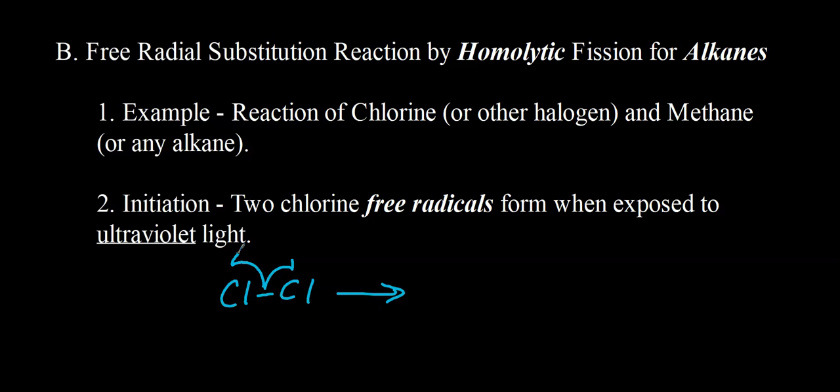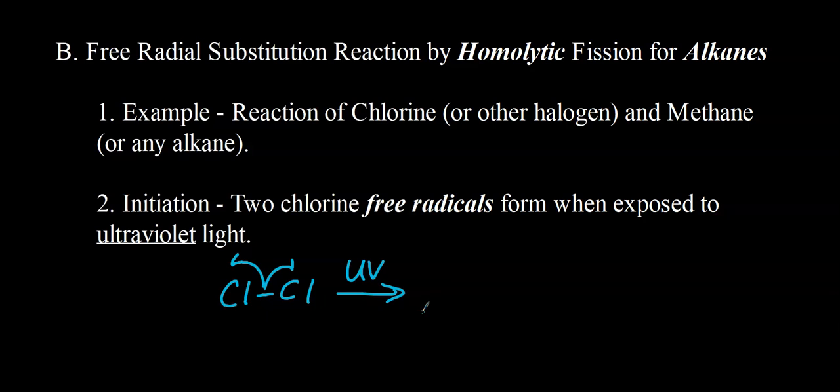We have to show in the equation that this process does not occur by itself, but rather occurs in the presence of UV light. So we've seen this before with catalysts, and we'll see this again later on with catalysts. We can include ultraviolet light here as well. Any reaction conditions that are needed for the reaction to occur, we can put above the arrow.